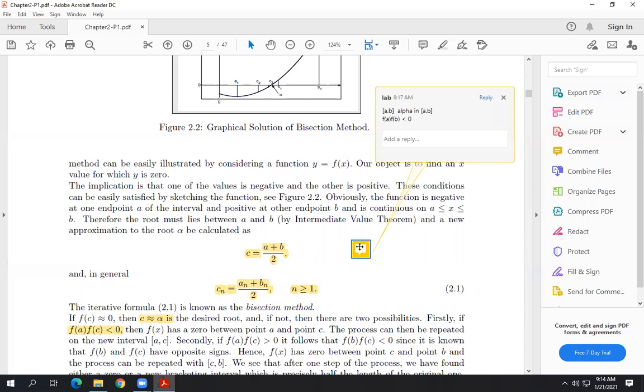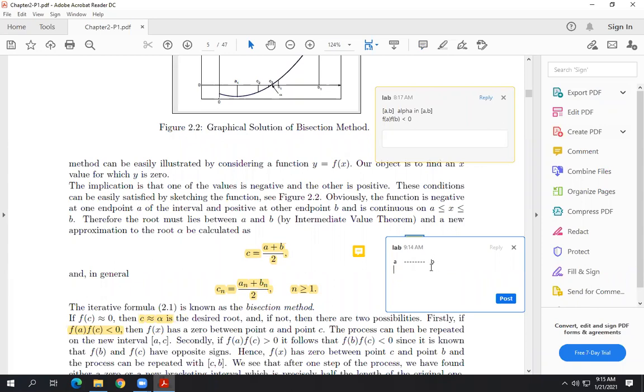Again, I repeat, the bisection method needs 2 initial approximations. So how do you use it? You are given the interval a, b.